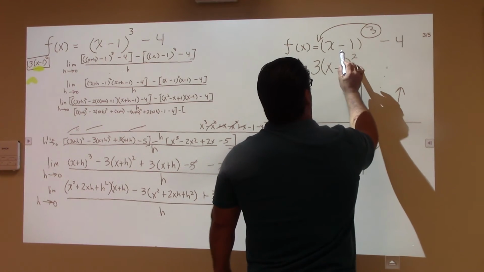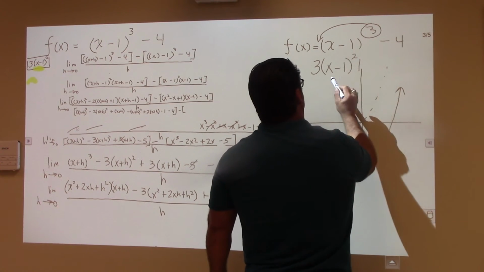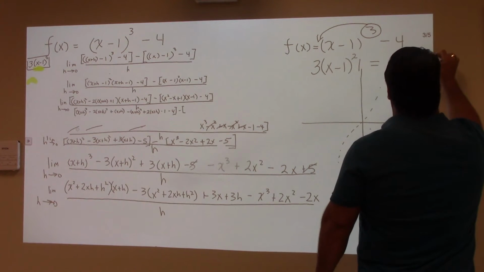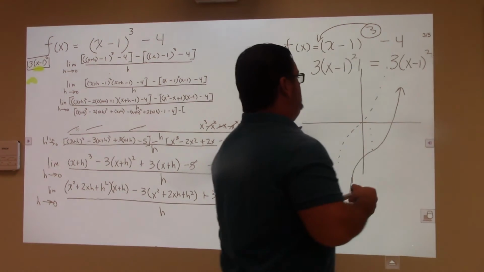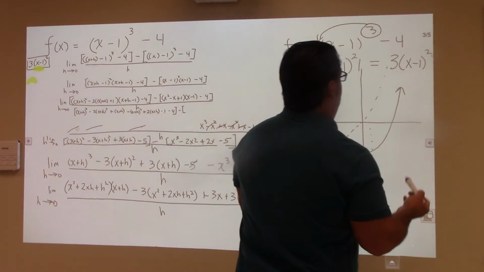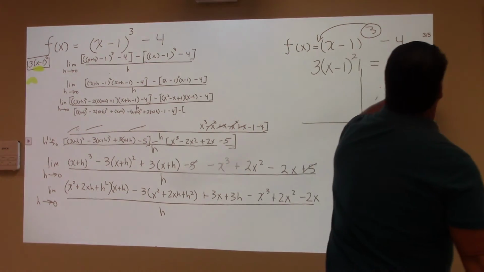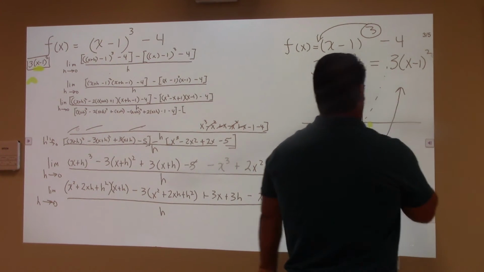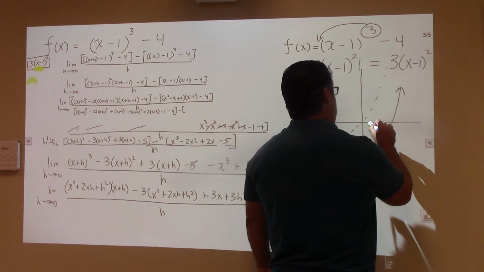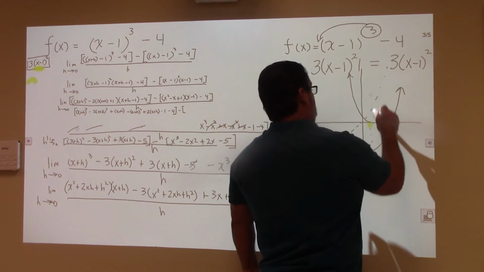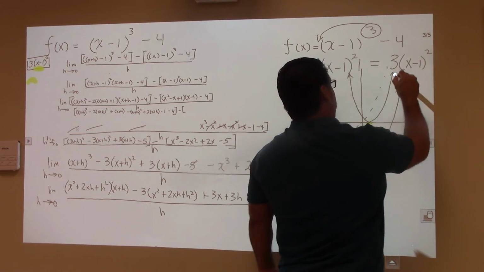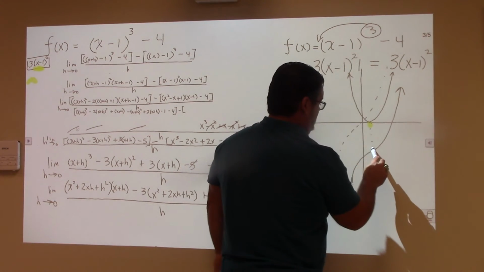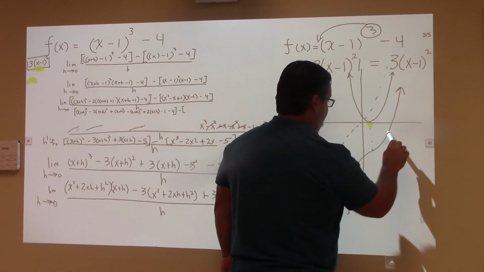The derivative of x is 1. 1 times 3, so your derivative is 3 times x minus 1 quantity squared, which is a horizontal shift of 1 to the right and no vertical shift, so your parabola here looks something like that.